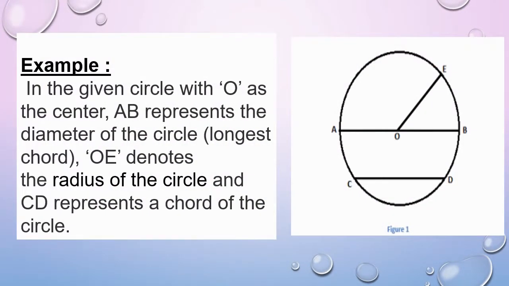Let's see one example. In the given circle with O as the center, AB represents the diameter of the circle. AB is the longest chord and OE denotes the radius of the circle and CD represents a chord of a circle.